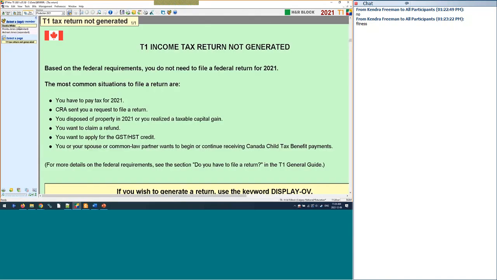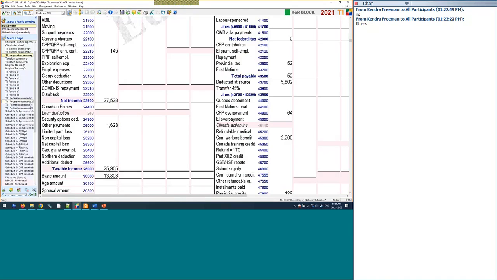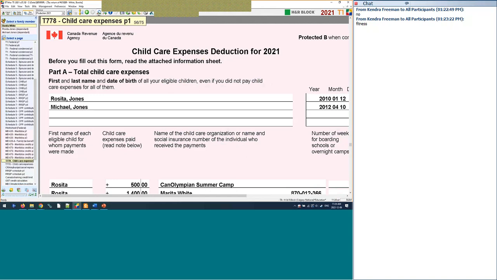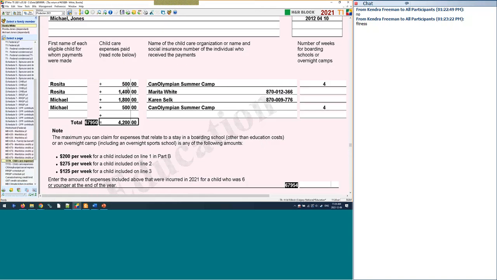When I go to the tax return for Bonita and go to her T778 form, making this a little smaller so you can see the whole form in one page, you'll notice I'm only claiming 500 of each of the camps. So I have restricted, because of the child care restrictions, how much I'm claiming.